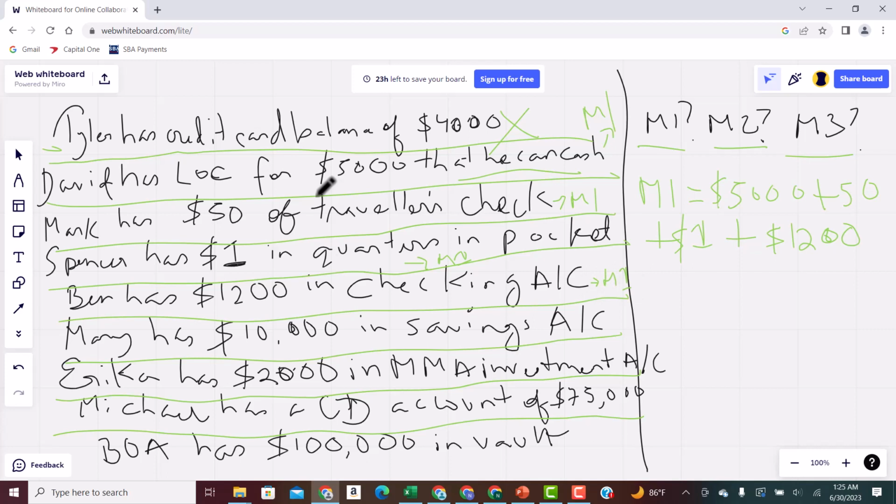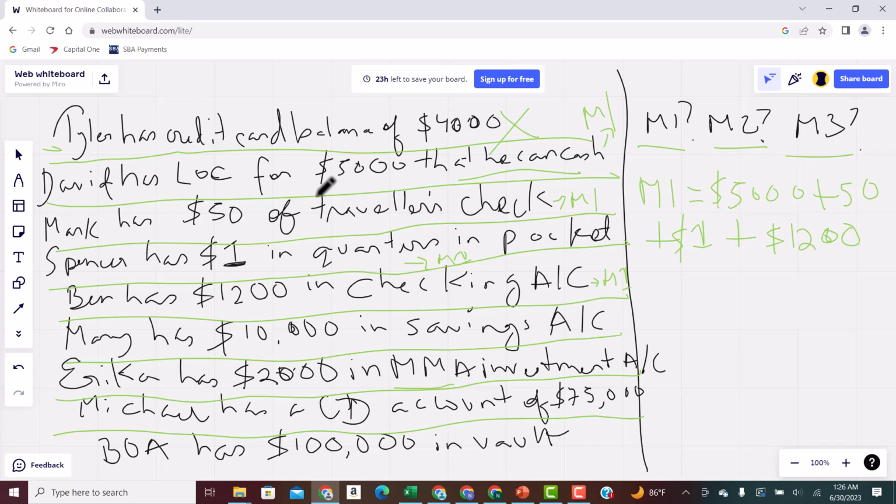Now, a savings account is not M1, so we don't include that. Then Erica has $2,000 in an MMA investment account. MMA is a money market investment account. That is a type of investment account, but it is less liquid. It is not part of M1, so we don't consider it part of M1. Then Michael has a CD account of 75,000.